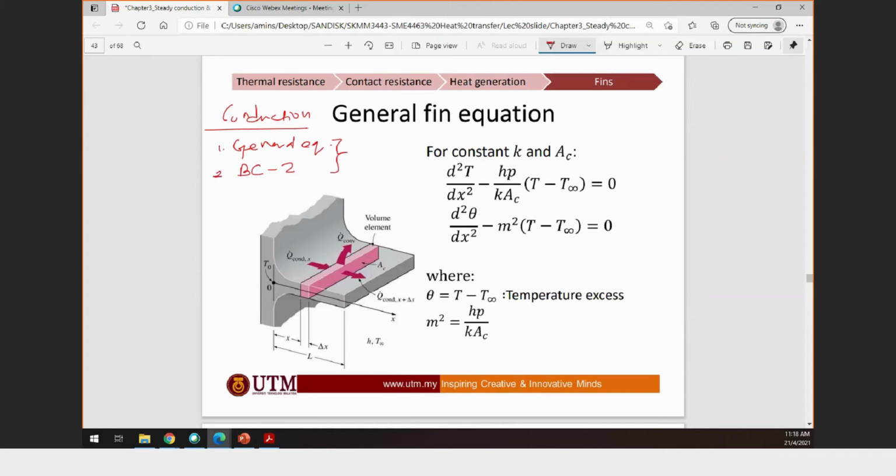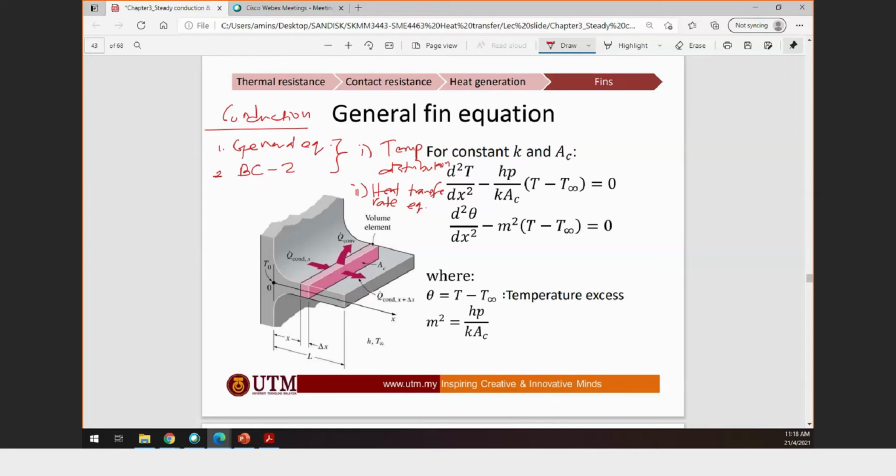You need to find first the temperature distribution, and second, the heat transfer rate equation.